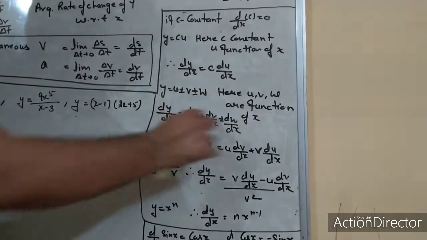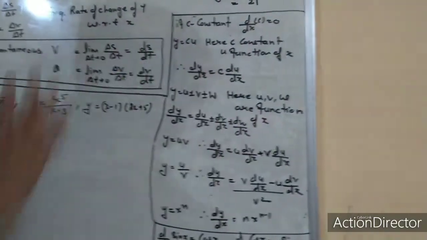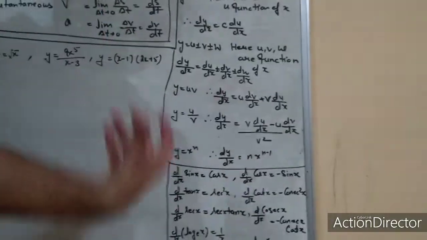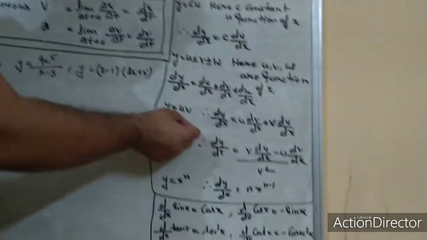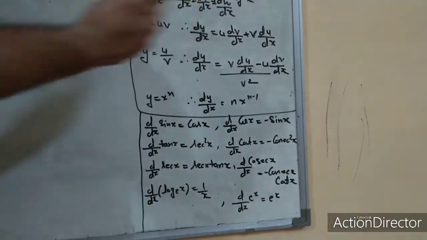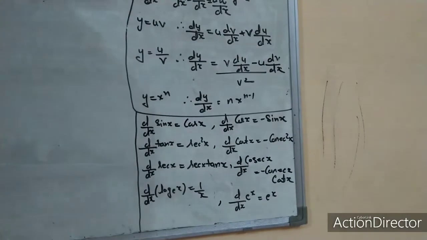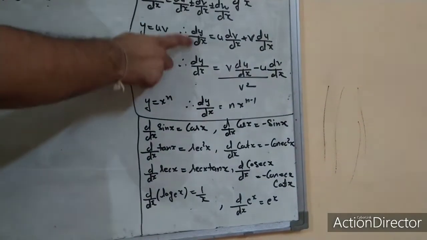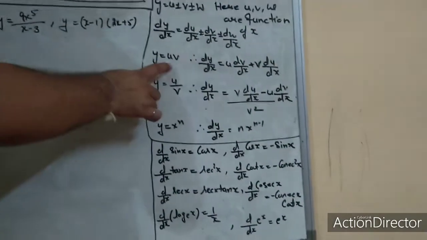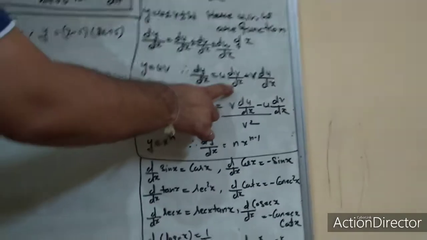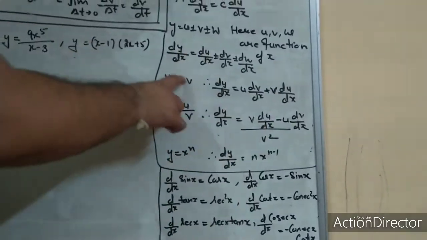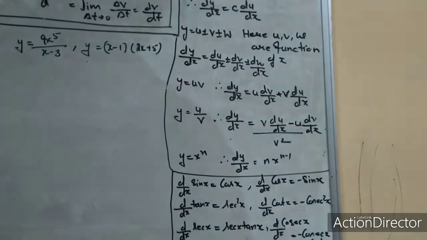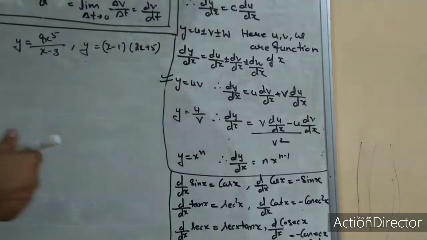In this way, such types of problems are solved. But in the product rule, if y is a function of two terms and both terms are functions of x, then dy by dx will be the first function as it is times the derivative of the second, plus the second as it is times the derivative of the first. This is a very important formula.